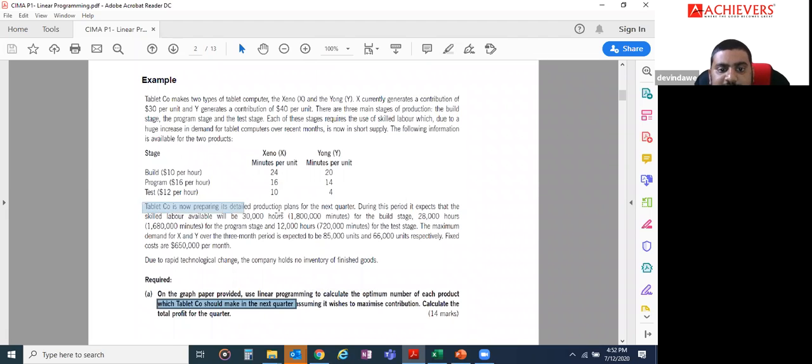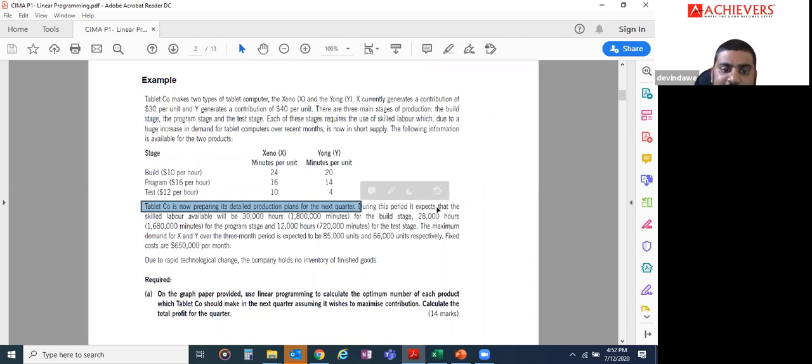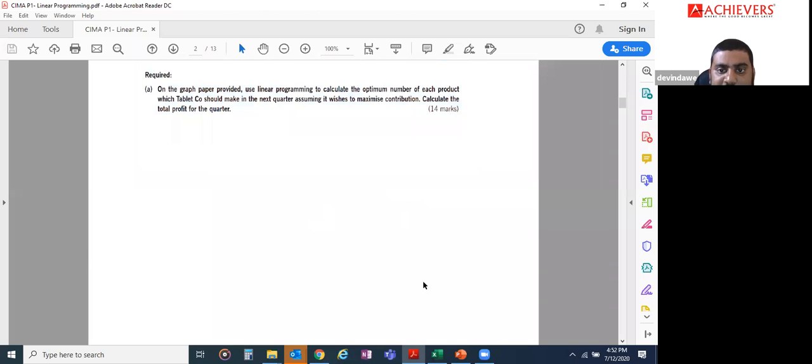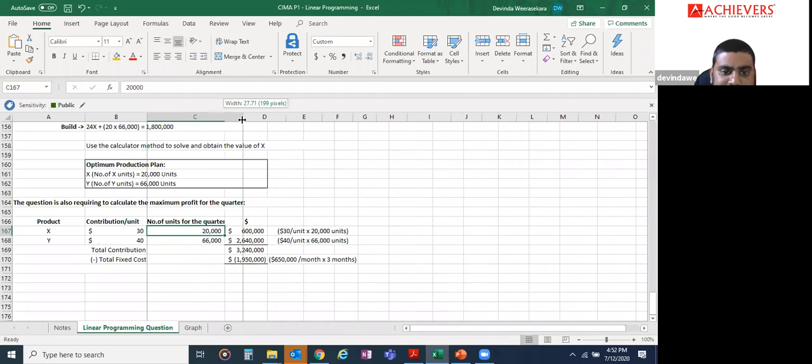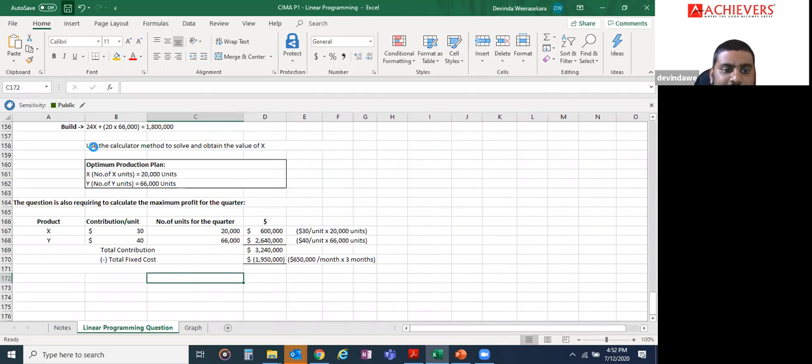Tablet company is now preparing its detailed production plan for the next quarter. During this period, it expects that skilled labor available will be 30,000, 28,000, and 12,000. So all this information is per quarter. So that means, guys, number of units for the quarter, right? Is that clear?